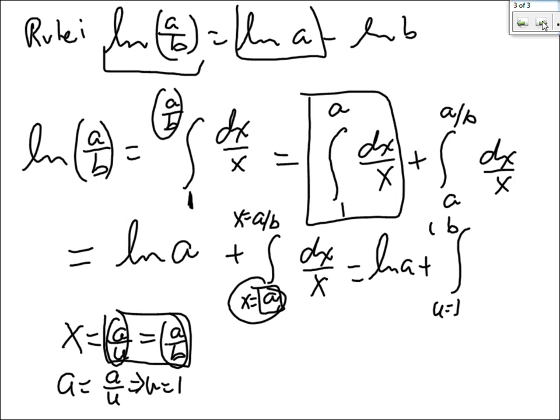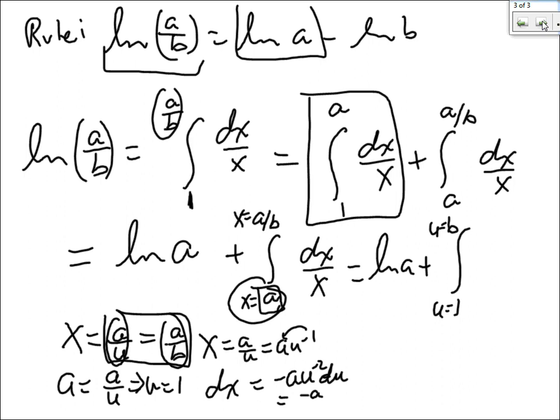So u is b. Now, if x is a over u, also written as a u to the negative 1, then dx would be negative a, I brought down the power, u to the negative 2, du, which is the same as negative a over u squared du.